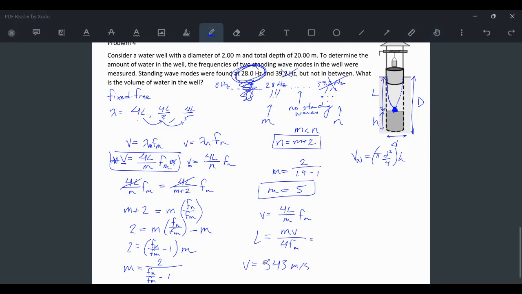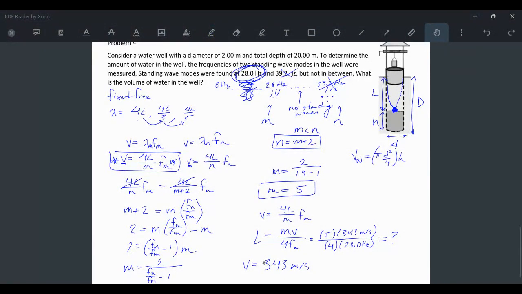So at this point, the length is equal to the harmonic number 5, the speed 343, which is a very safe assumption, though it will change a little depending on temperature, humidity, that kind of stuff. You might see values as low as 330, as high as 350, but nevertheless, it's okay. We've got 4, just a geometric factor, and the frequency, which I made a point of saying had to be 28, not to be confused with anything else. I'm going to stop here; you'll put it in your calculator.